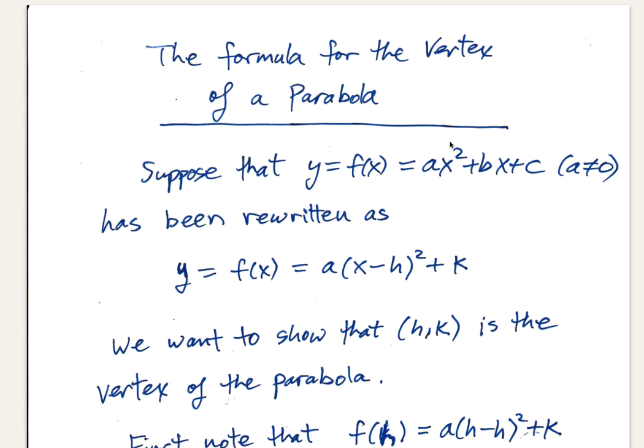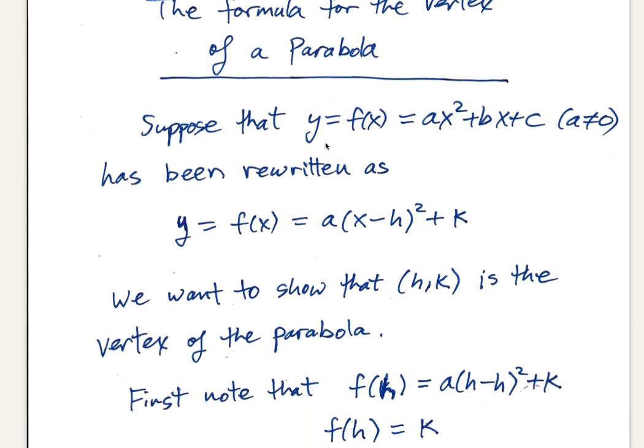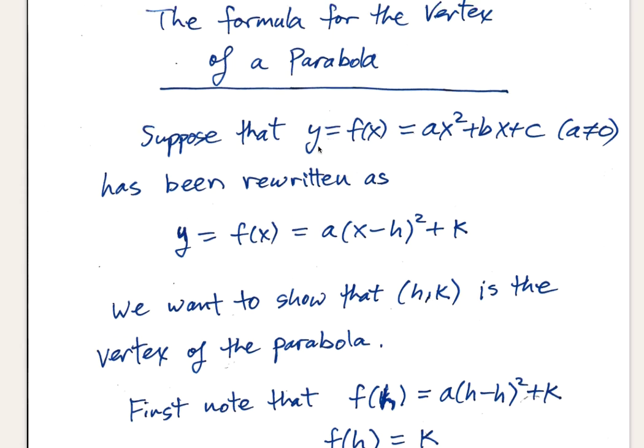Okay, so let's go ahead and consider this here. Suppose that I have a parabola. I'm imagining the equation of that parabola being y equals f of x equals ax squared plus bx plus c, like usual. Remember that the leading coefficient can't be 0, otherwise it's not a parabola. So a is not equal to 0.